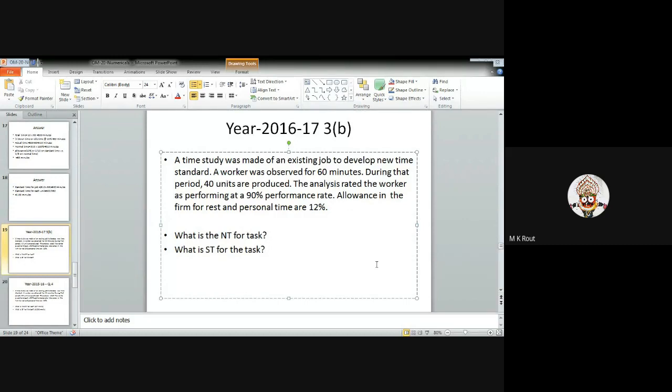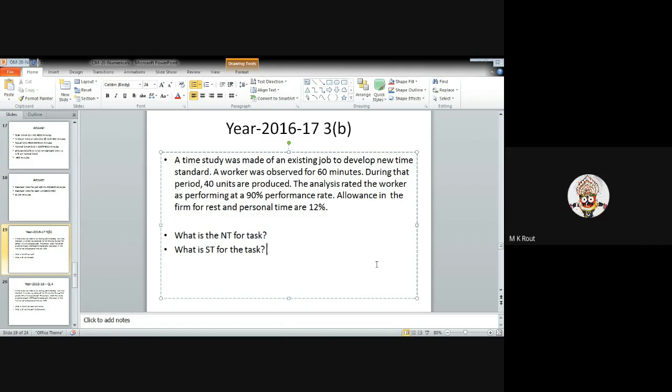Do not solve here because I will have to go. As I told in the beginning of this session, I will conclude within 3:15. So you have to just note down. Idle time is not given; only your working observation is given. I repeat, a time study was made on an existing job.